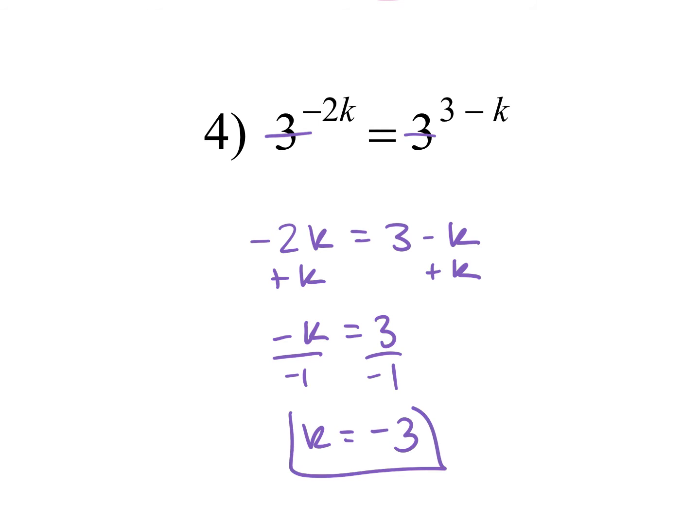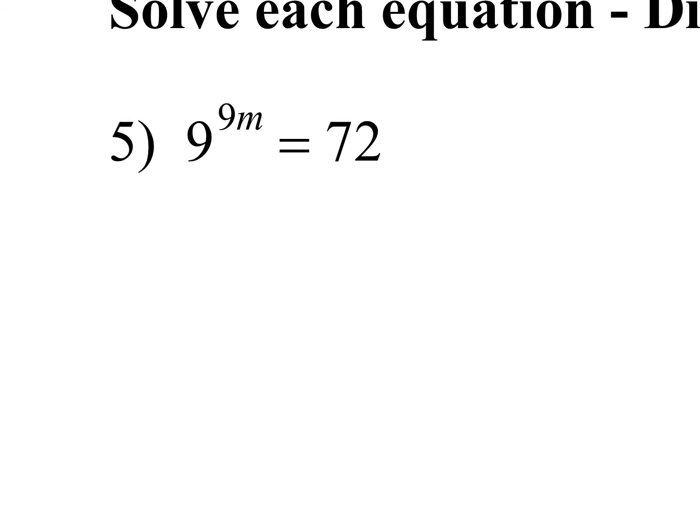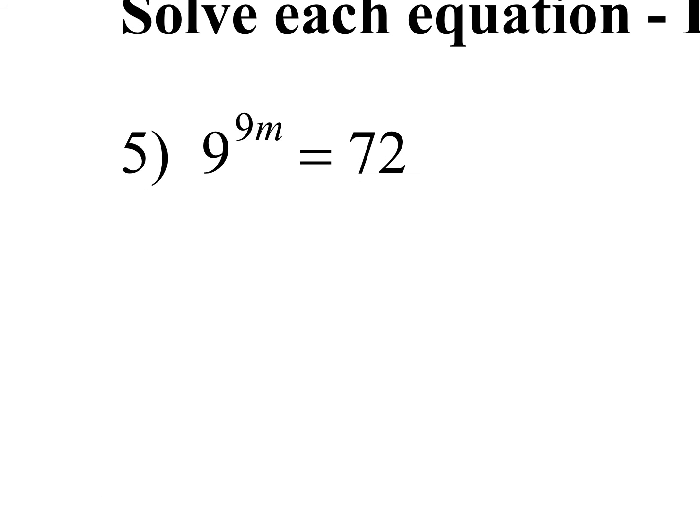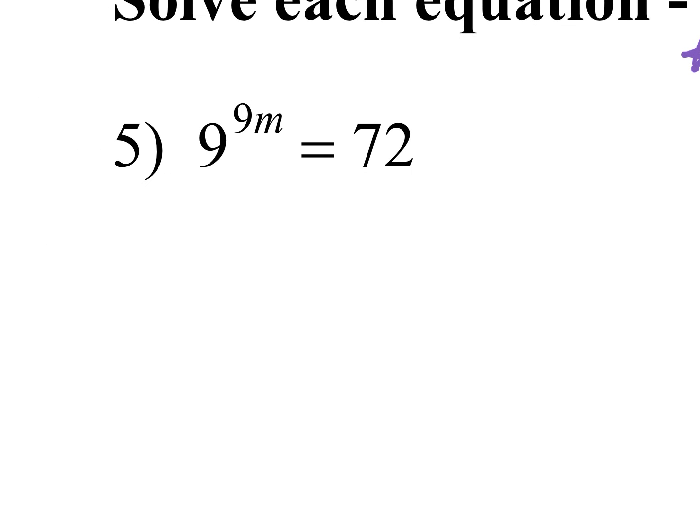Negative 3. So next we're going to be solving where we can't get a common base. We have different bases here. So we have to use a calculator. So when you have different bases, the first step is to put it into log form. So remember, log form, we start with our word log. What's our base here? 9.